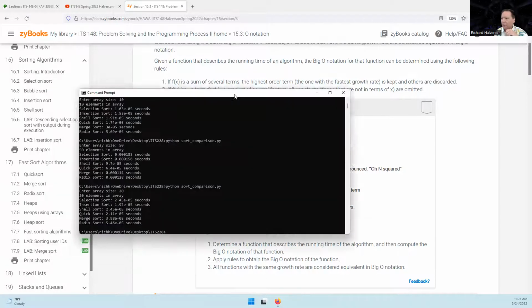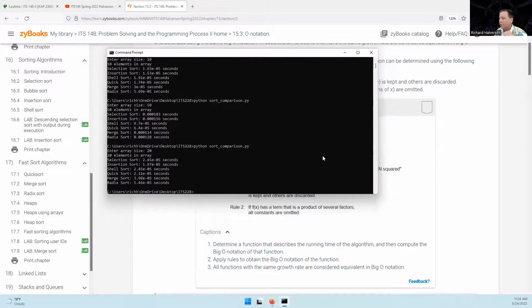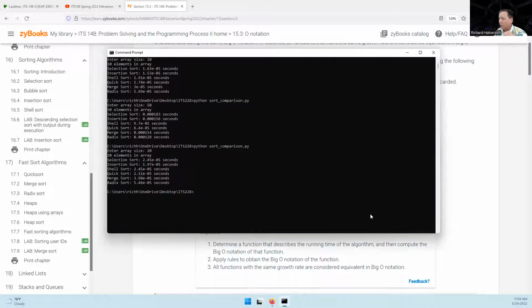I did this as an example in my 228 class, where I created it in class just to show them the difference between these sorts that we're going to learn. So I'm going to have you create this program right here. You're going to have all the sort programs, and you're just going to put it together. But doing this and running this, it'll really bring home the difference in these sorting algorithms.